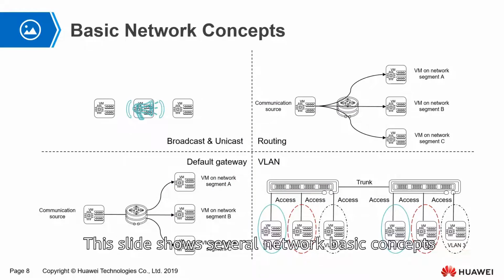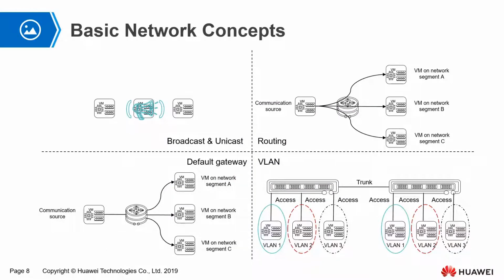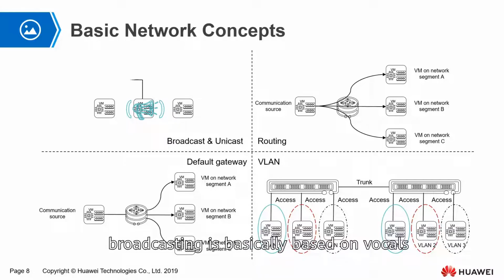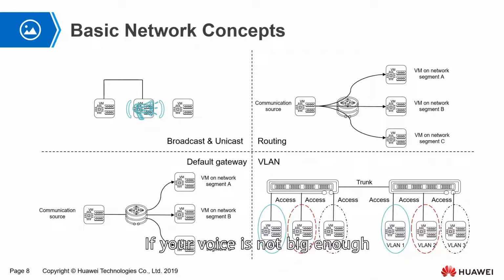This slide shows some basic network concepts. The first one is broadcast and unicast. As the name suggests, broadcast is basically based on vocals. If your voice is not big enough, you can use a speaker. This broadcast can be heard by everyone in the same broadcast domain. If a person finds that the broadcast is looking for him, then the person will return a message.